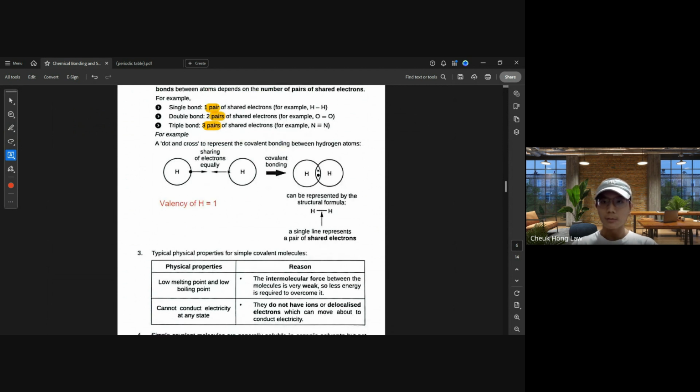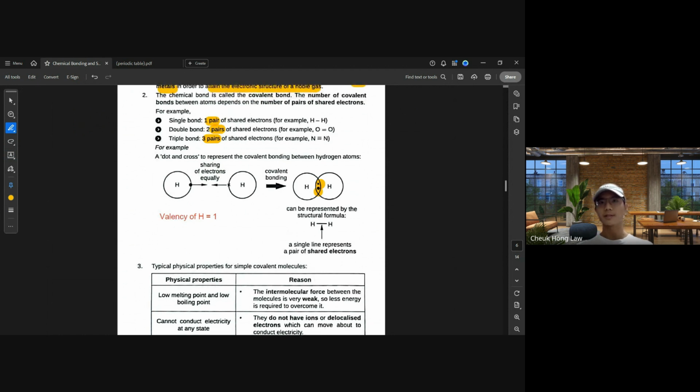Okay, so this is how it will look like. Basically, the two atoms will intersect each other, and then the electrons will be drawn in the intersection. So this is the electron of the left hydrogen, and this is the electron of the right side hydrogen. So in the end, what they want to achieve is a stable electronic configuration.